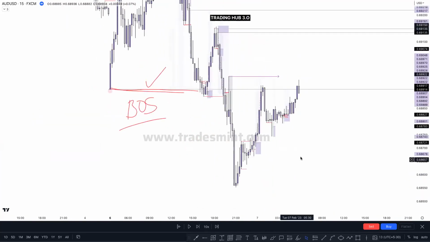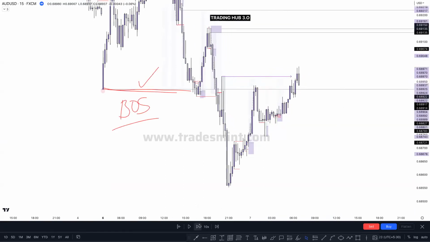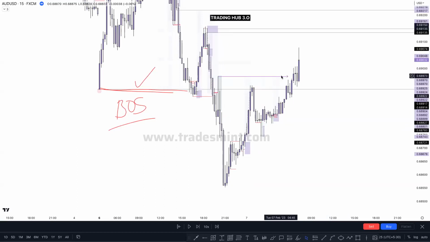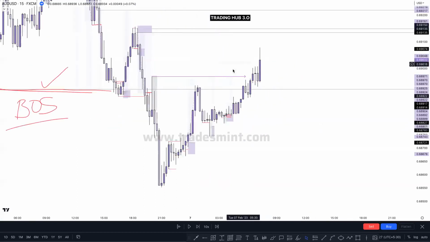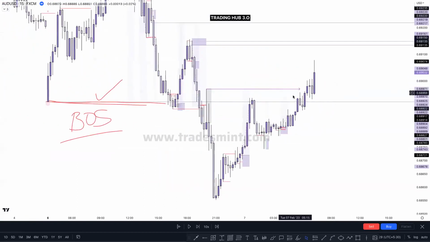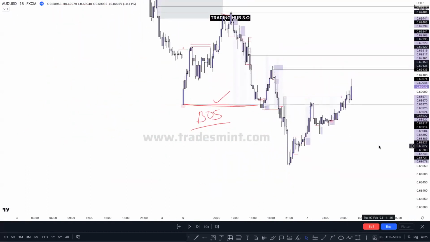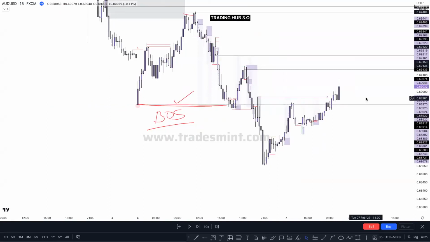Okay. All right. This is our target point, right here. Finally, market hit our target point. So once market hit our target, this buy closes here, right? Okay.